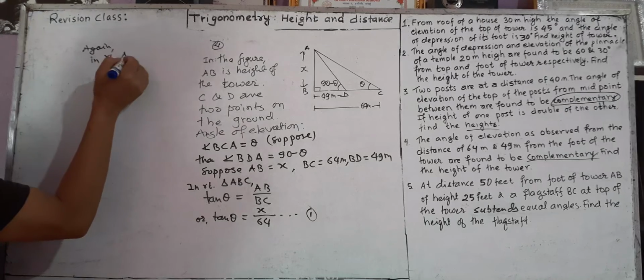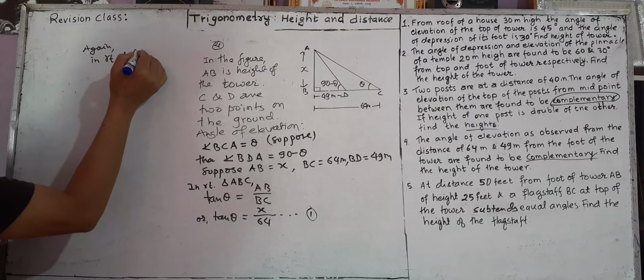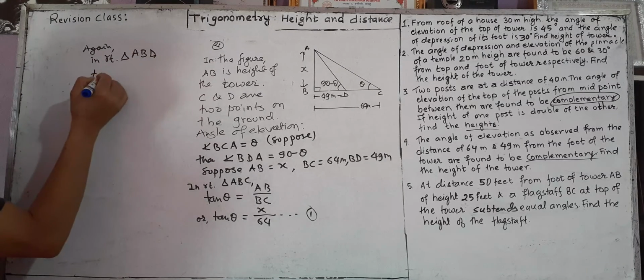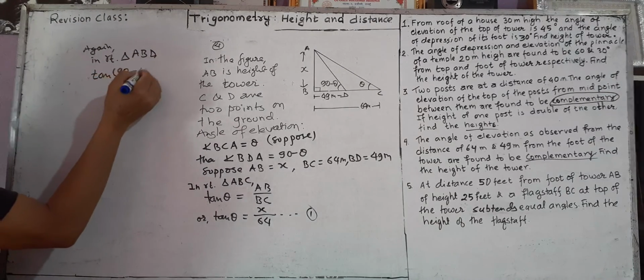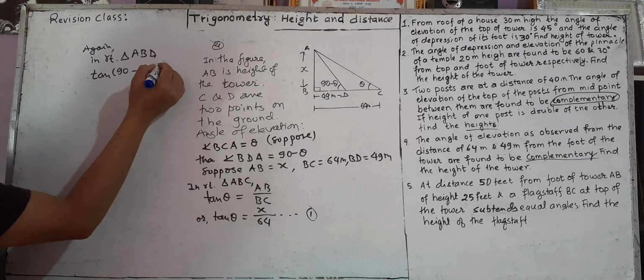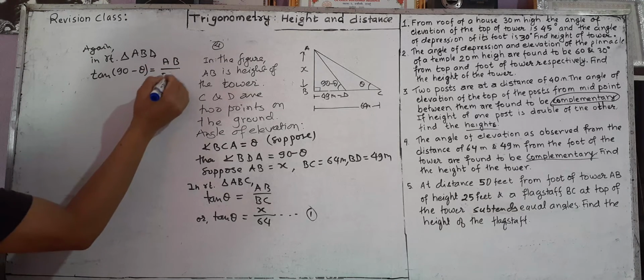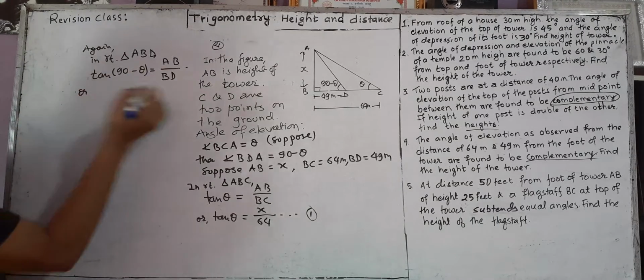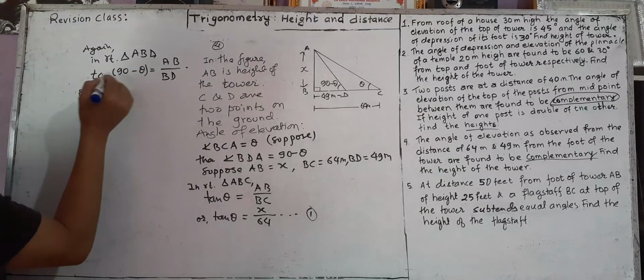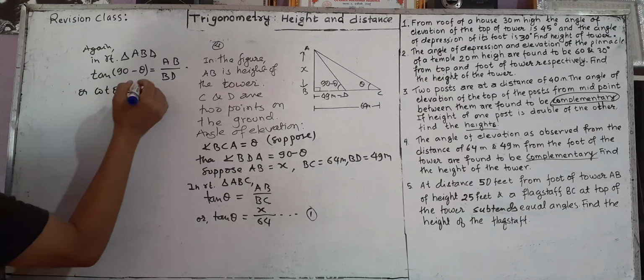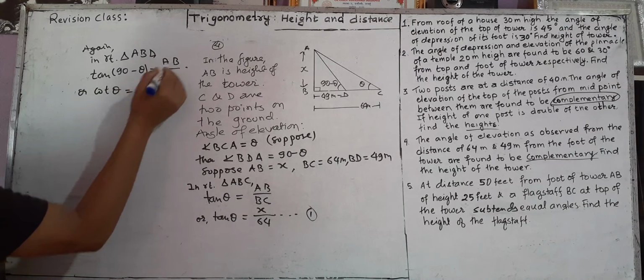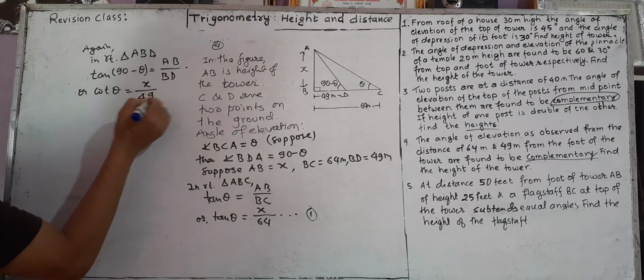Again, in right triangle ABD, the other angle is 90 minus theta, and tan of it equals the ratio of the sides AB by BD, and the value is tan 90 minus theta, that is cot theta, and this equals x by 49.